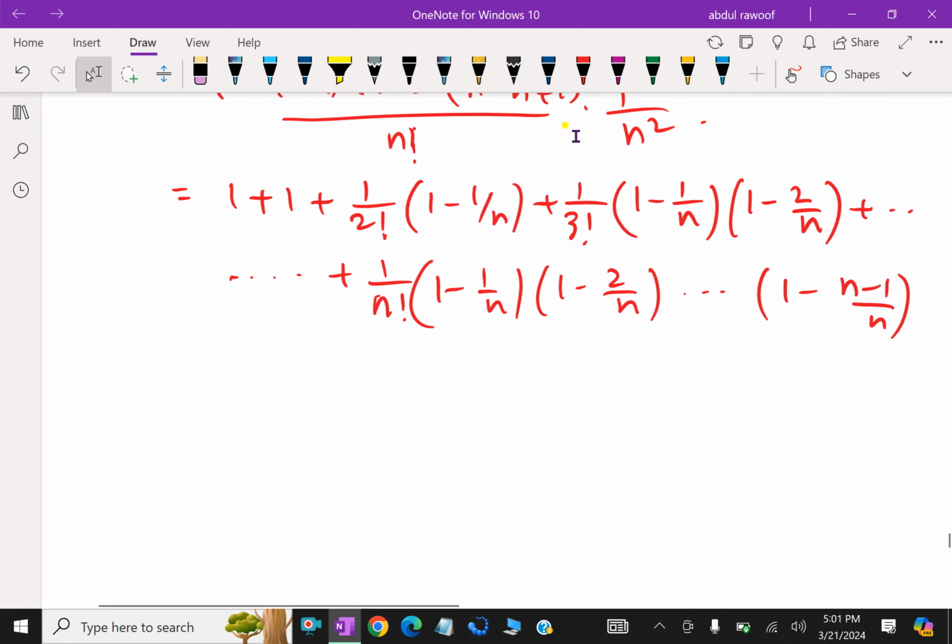These are obtained by substituting x as 1 over n.